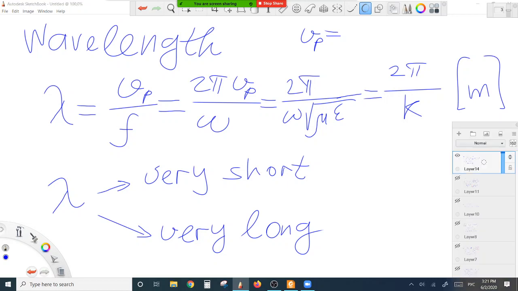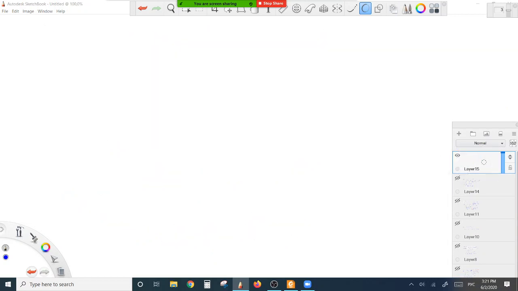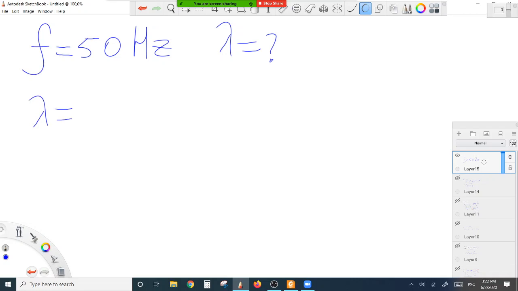And okay, for example, if we have a frequency of electromagnetic waves of 50 hertz, what is the wavelength in case of free space and electromagnetic wave?